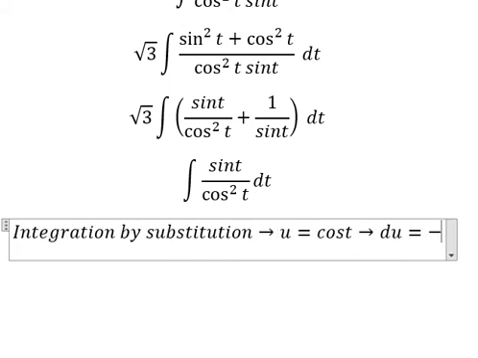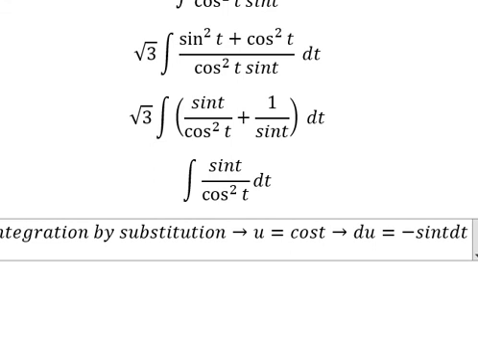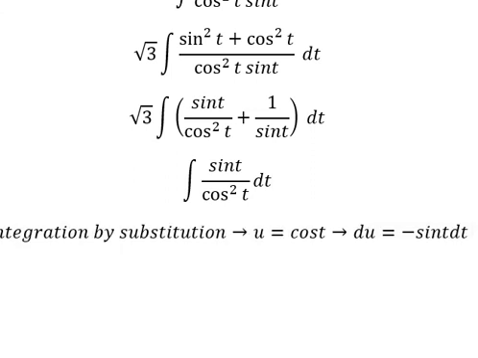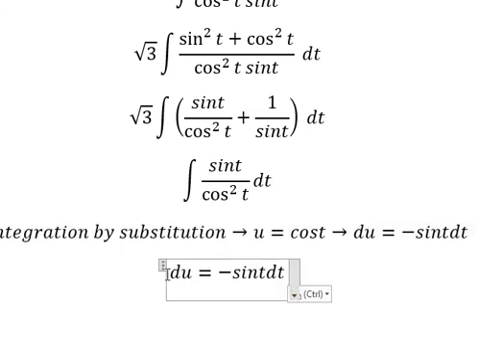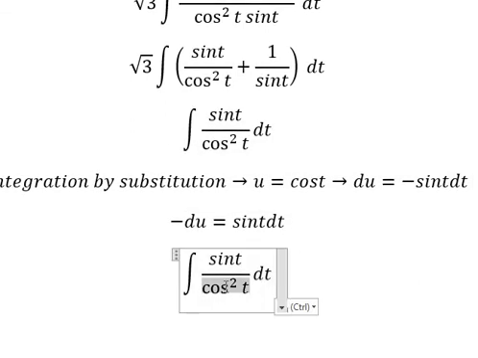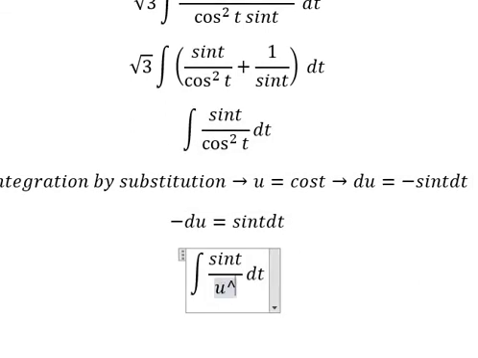Du is negative sine t dt. Because we don't have the negative, we put the negative next to du. So this one we change to u squared. Sine t dt, we change to negative du.